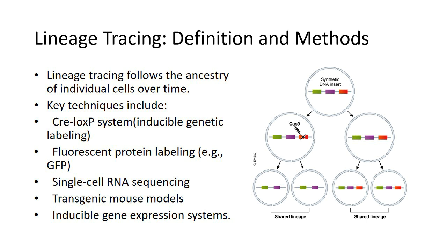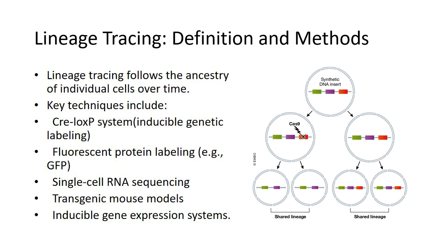This technique allows for the analysis of the gene expression profiles of individual cells. By performing RNA sequencing at different time points, researchers can track how the expression of specific genes changes in a lineage, helping to identify the developmental pathways that a specific cell population follows.